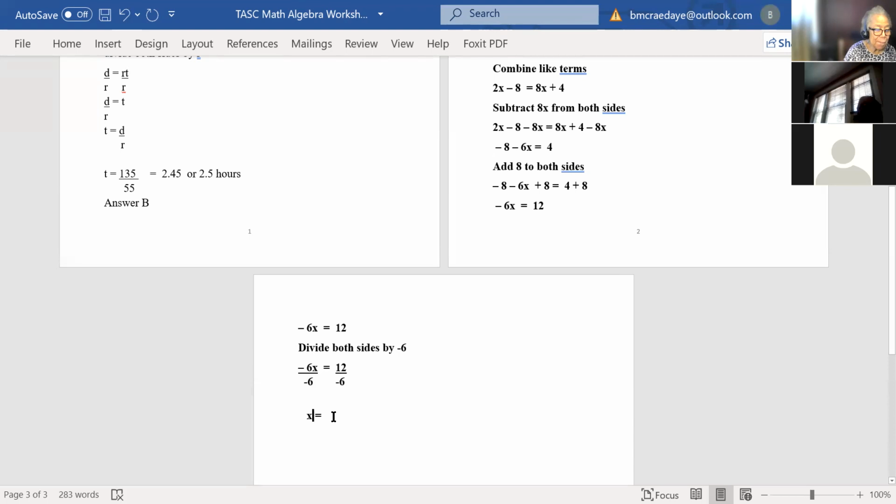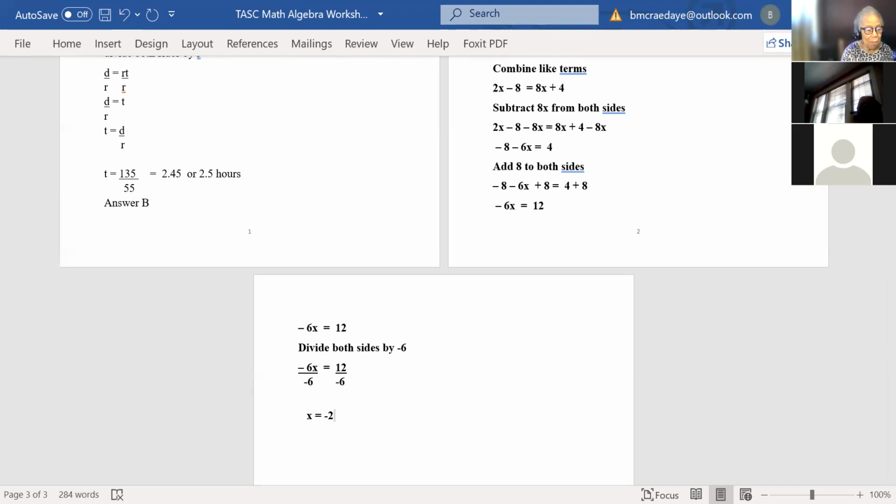Oh, 2. Plus or minus? That's a plus. Plus over minus. Unlike signs divide to give you negative. So therefore it's a -2. Remember, unlike signs divide or multiply to give you negative. Like signs give you plus.